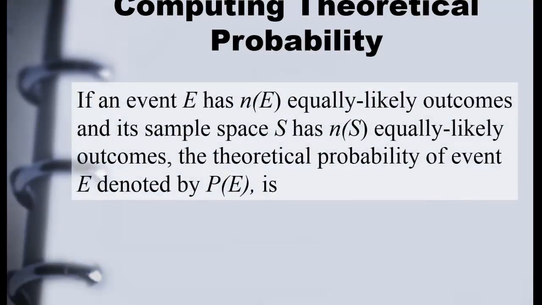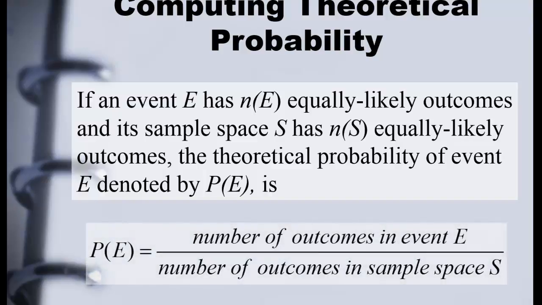If an event E has n(E) equally likely outcomes, and its sample space S has n(S) equally likely outcomes, meaning the outcomes are the same, the theoretical probability of the event E, denoted by P(E), is, this is the formula that we're going to use: P(E) is equal to the number of outcomes in event E all over the number of outcomes in sample space S.